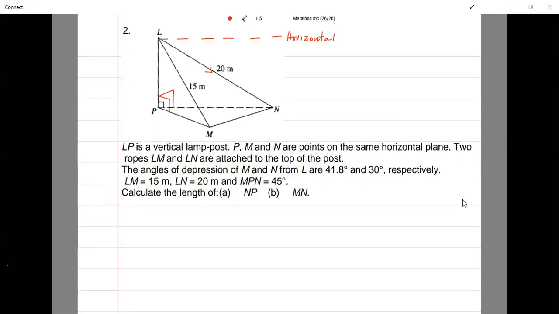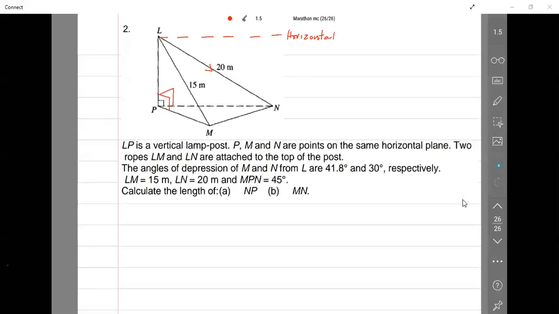So I'm at L and I'm looking down at N. That's my line of sight. Now, angle of depression is the angle between the horizontal and the line of sight when you're looking down. So the angle of depression here, this angle between the horizontal and the line of sight, is 30 degrees.